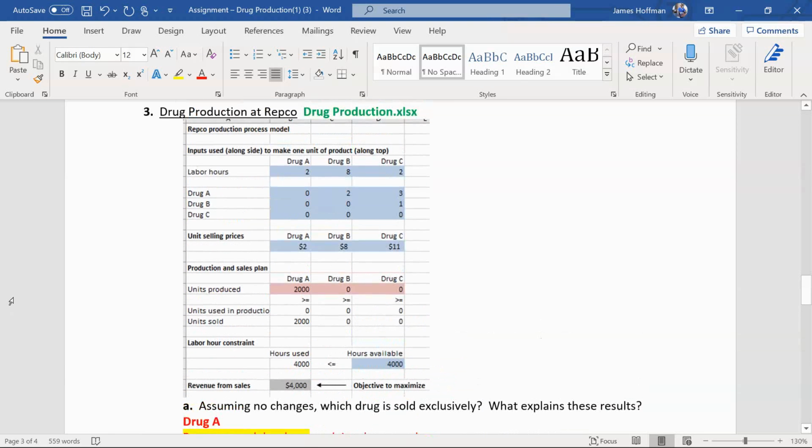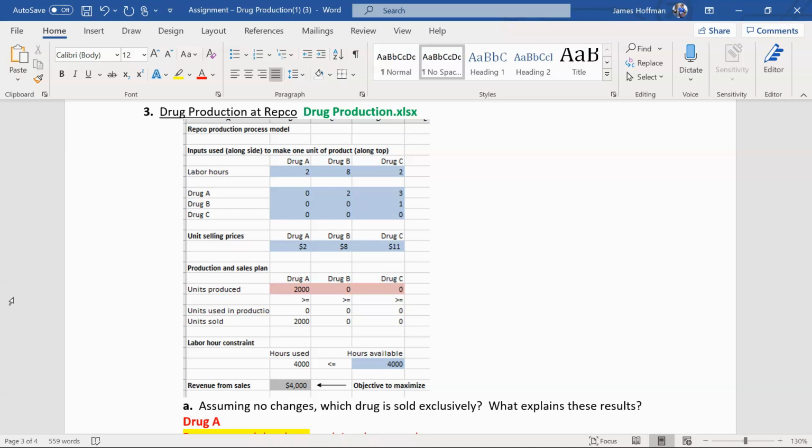Now what I want someone to try to figure out is how many hours it takes to make one drug B given the chart. Look at the ingredients and then the additional labor hours. 10 is close, because you need 2 drug A's, and each drug A takes 2 hours.